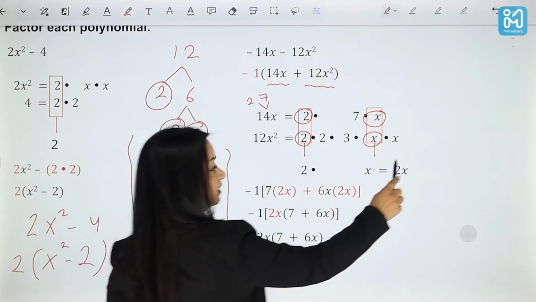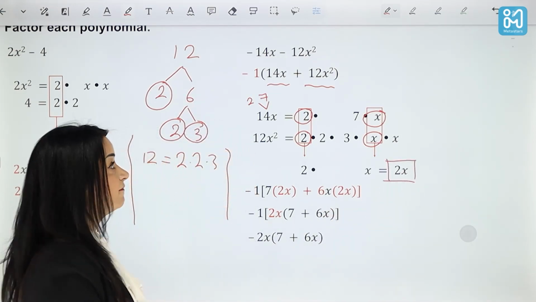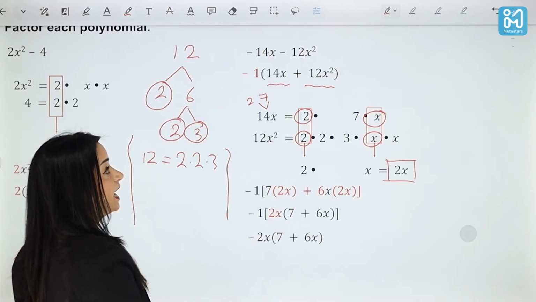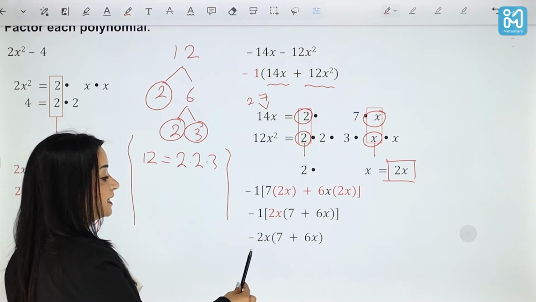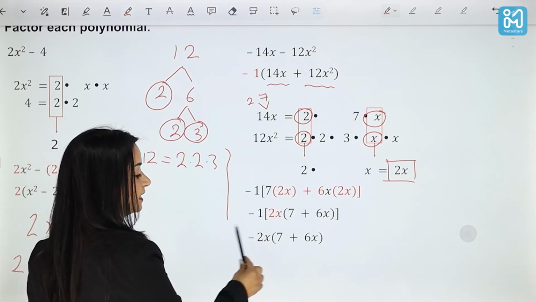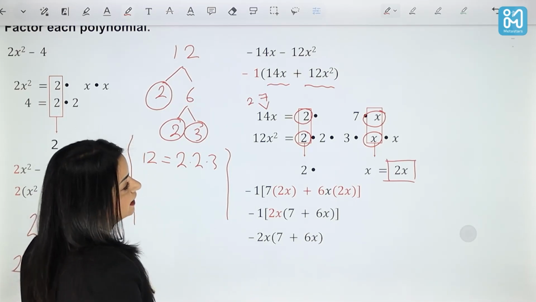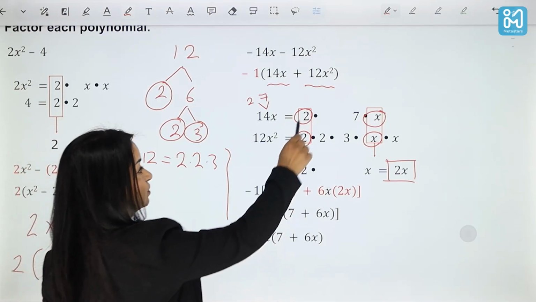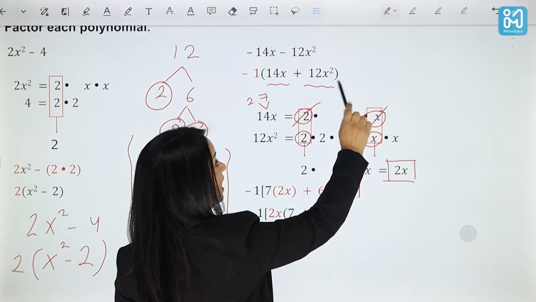So as a result, I can take 2x as a common factor between 14x and 12x squared, and I already took the negative outside.